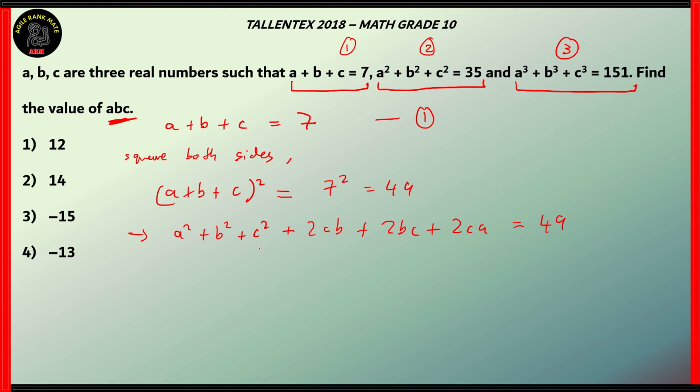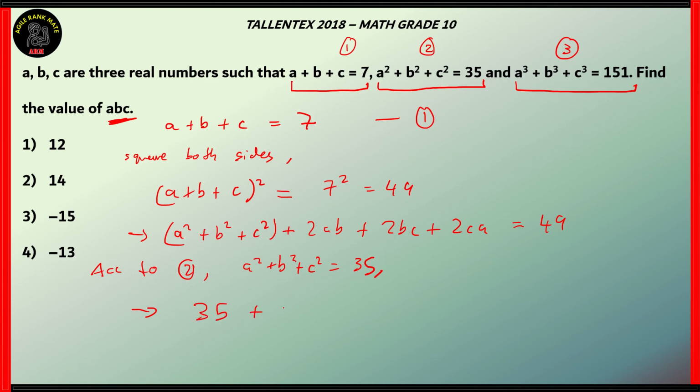Now, according to equation 2, A squared plus B squared plus C squared is equal to 35. So essentially, we will replace those three terms with 35.